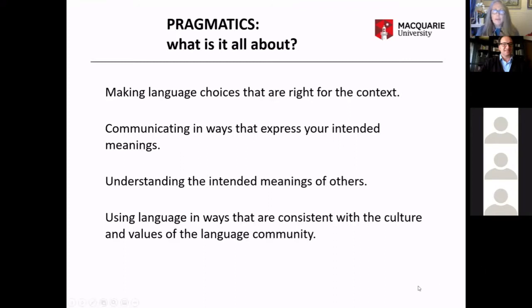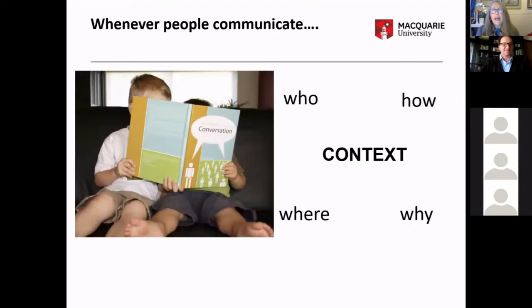Okay, so whenever people communicate, there's always various aspects to the context. So for example, who is talking? Who are the people? And what are the relationships of the people? There might be differences in status, there might be differences in power, maybe there are differences in how well you know the people, and all of these things affect the kind of language that you use to talk to them.